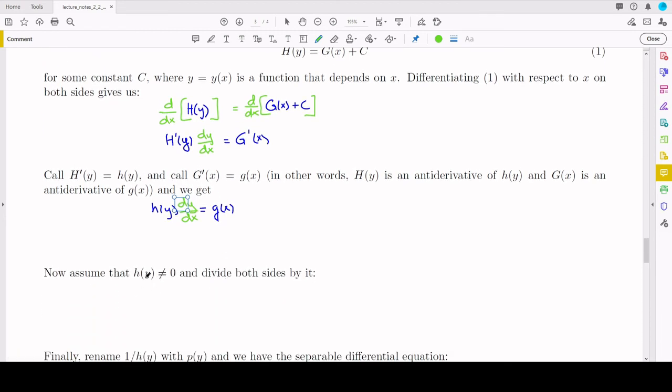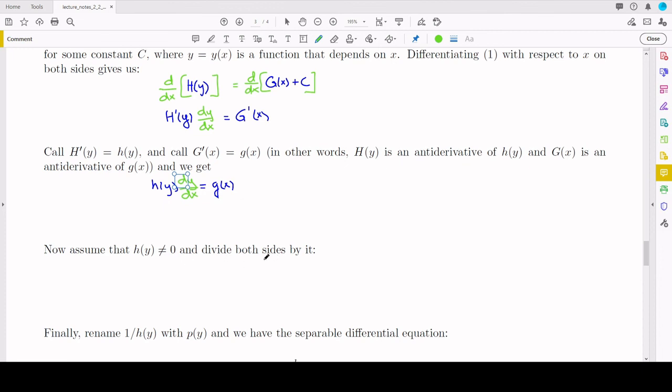Now, assume that h of y is not equal to 0 and divide both sides by h of y. Let me rewrite that slightly.